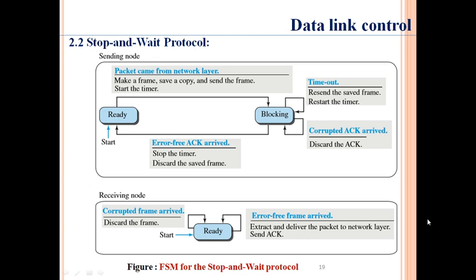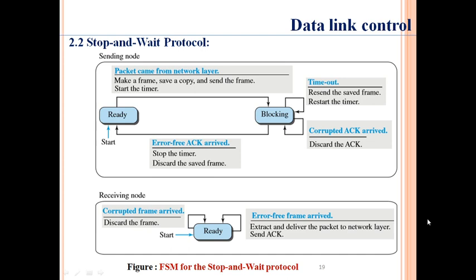If the timer expires in the blocked state, it will resend the frame. If a corrupted acknowledgement arrives, it will also resend the frame. If an error-free acknowledgement arrives, you can see an arrow towards ready. So it will stop the timer, discard the saved frame, and send the next frame.